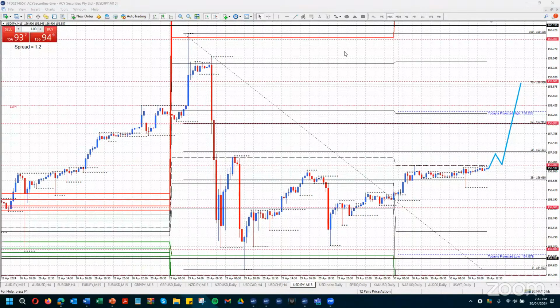Or you could look to the downside. I can't really draw the best trend line at the moment, one that I would like. This is way too far away from price action.